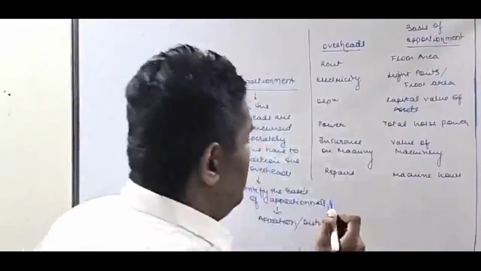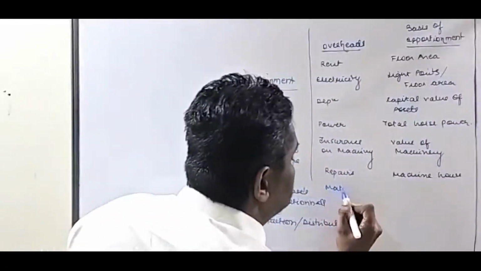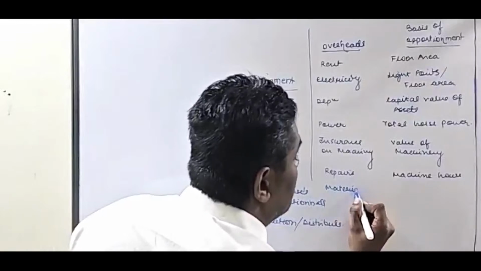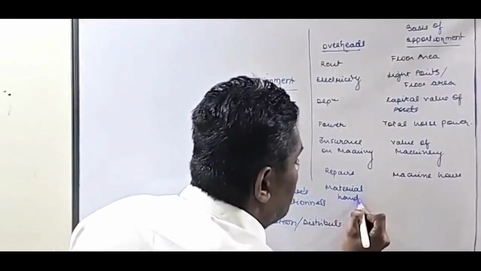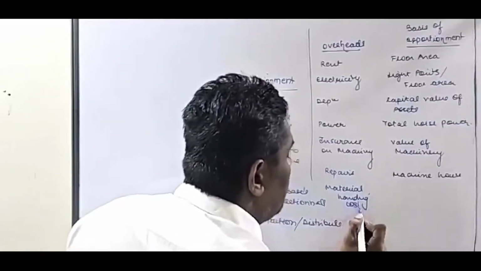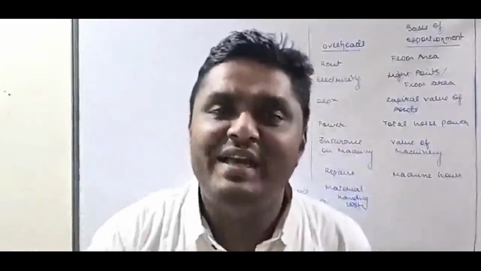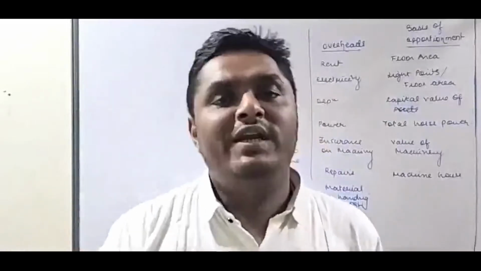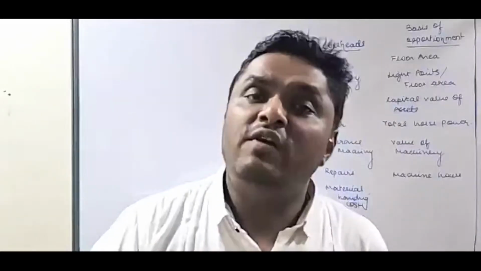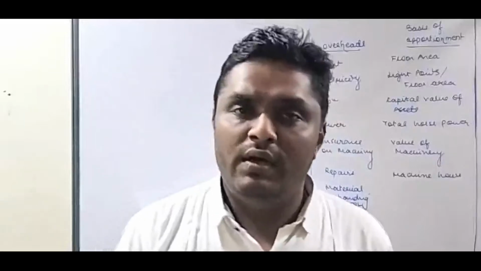Further, let's say material handling cost. So just check if material requisitions are given, or value of material handled is given, or weight of material is given, then we'll distribute it accordingly.